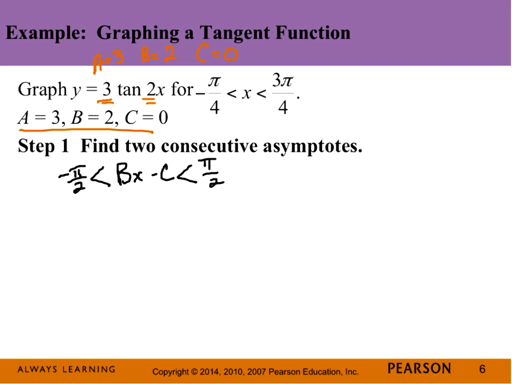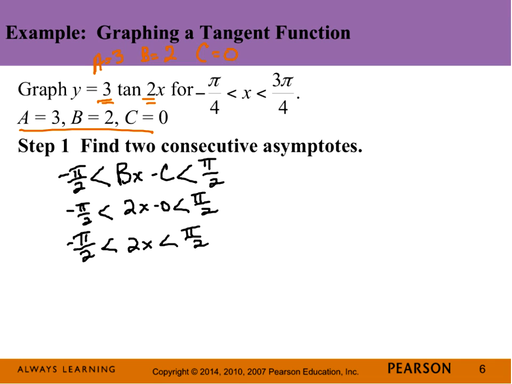All right, so let's go ahead and plug in B and C and solve this thing. We have -π/2 less than 2x minus 0 less than π/2. So, of course, that's just -π/2 less than 2x less than π/2. Now, I'm going to divide each term in all 3 areas by 2.